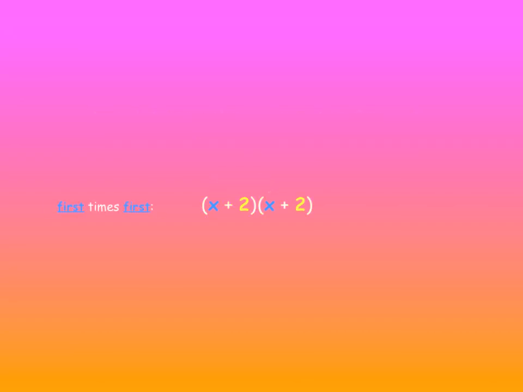First times first, x squared. Outer times outer will add 2x. That means 2 times x. Inner times inner will add 2x, 2 times x in other words. And last times last will add 4.